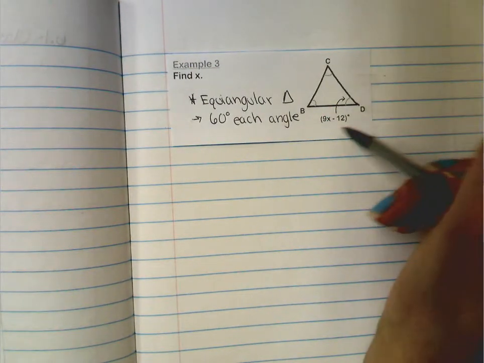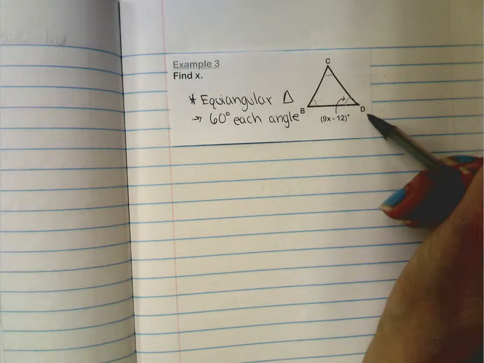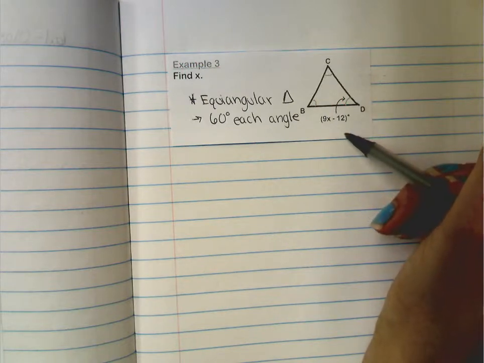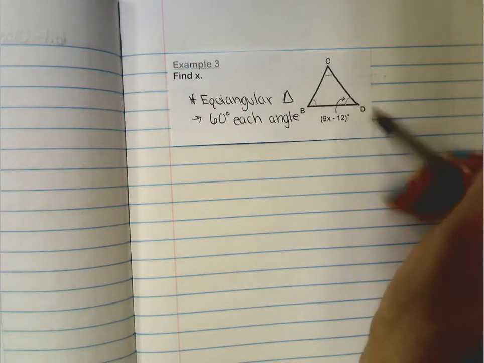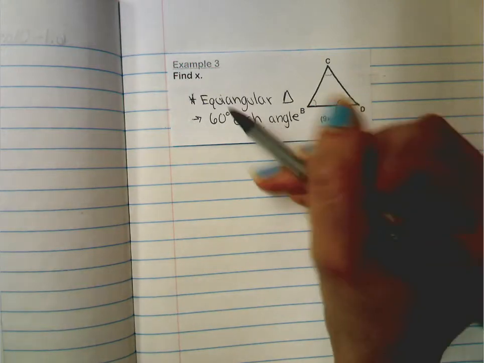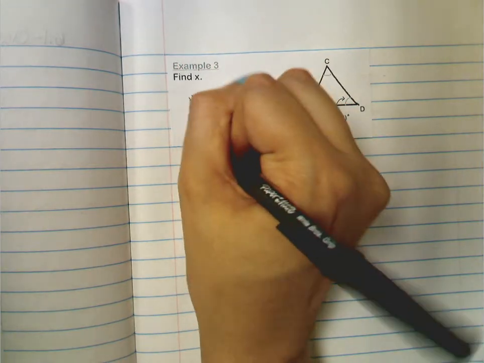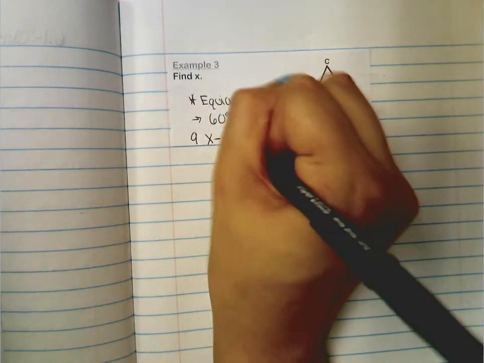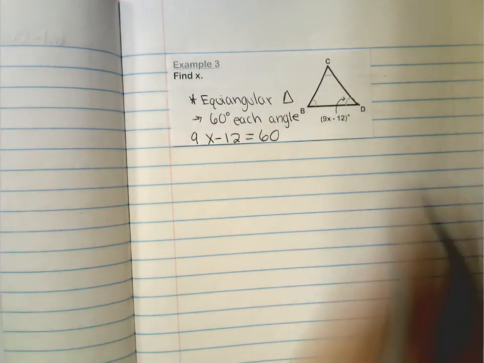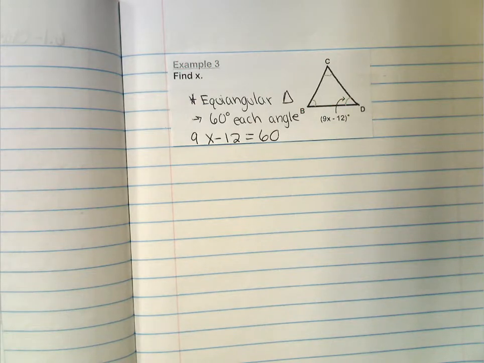They're giving me the measurement of angle D is 9x minus 12, and I know that that should be equal to 60 because it's equiangular. So that's going to be my equation: 9x minus 12 equals 60. Here they're just asking me to find x, so I'm just going to get x by itself.